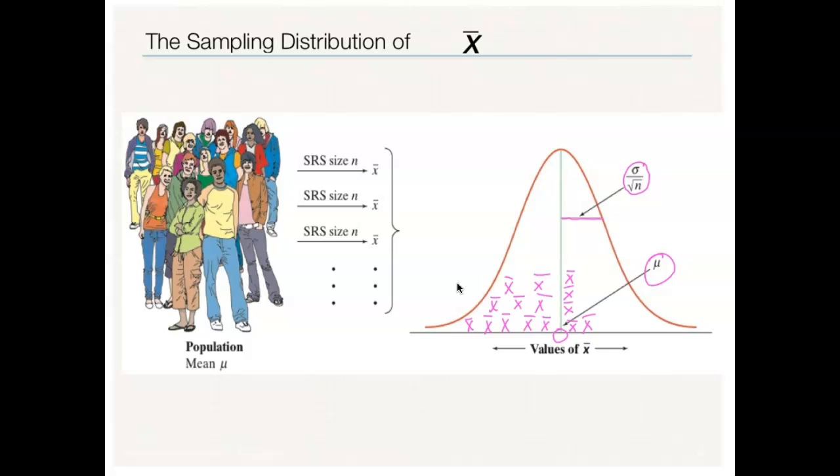And then we also know that it should be approximately normal if, one, you know the population is normal, or two, if you don't know the population is normal, if your sample size is greater than or equal to 30, it's safe to assume normality of your sampling distribution.